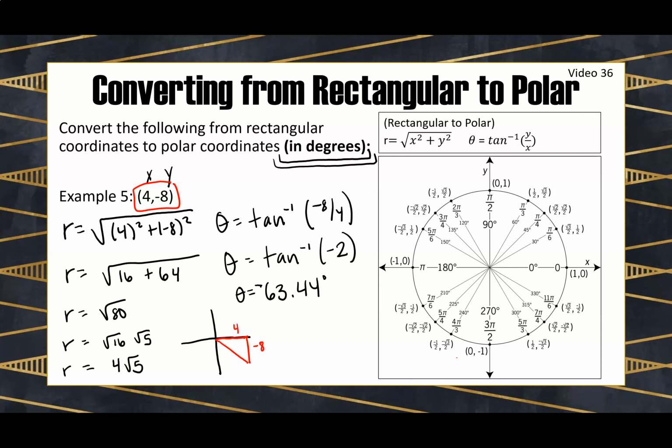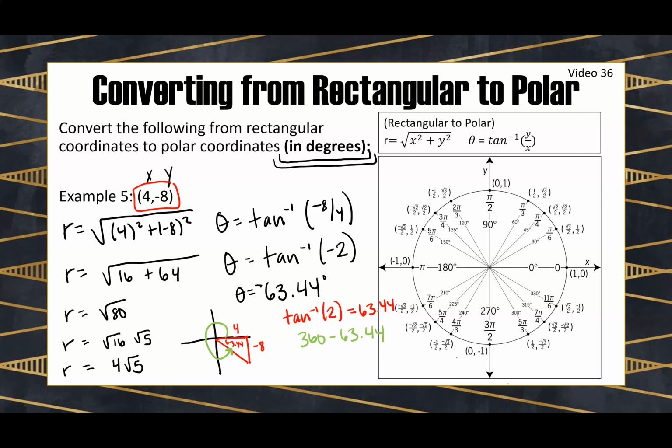But I don't love saying negative. And the reason why is because if I did instead tan inverse of just positive 2, I would get 63.44. And then that would tell me that all I have to do to get the angle that I really care about, which is this one right here, I just have to do 360 minus 63.44.